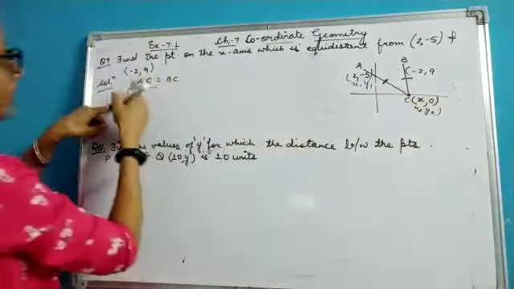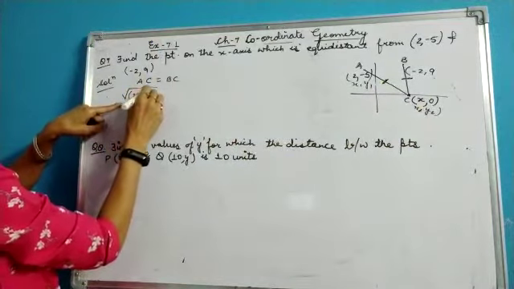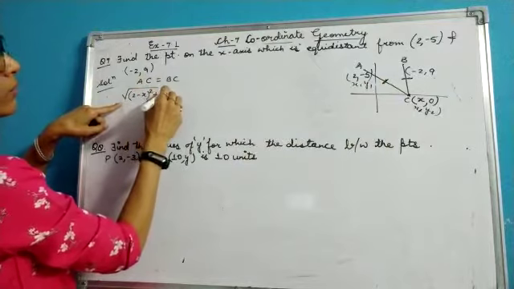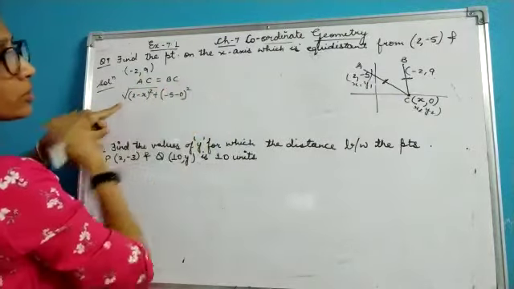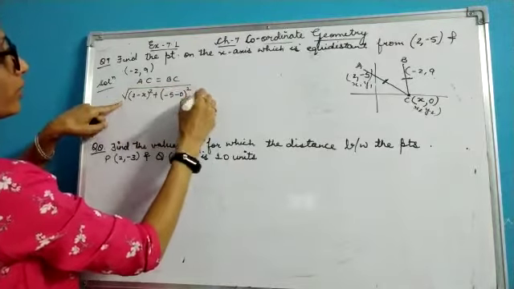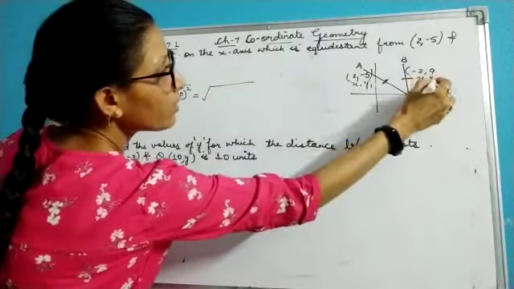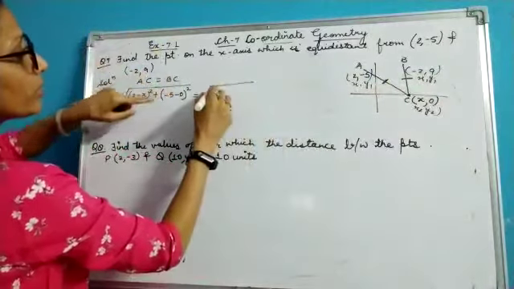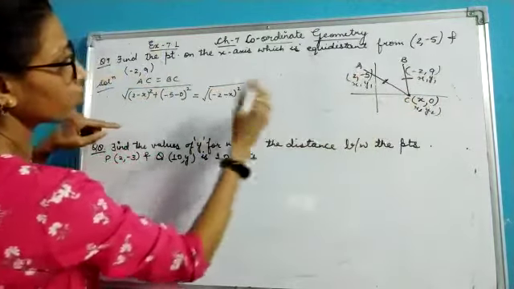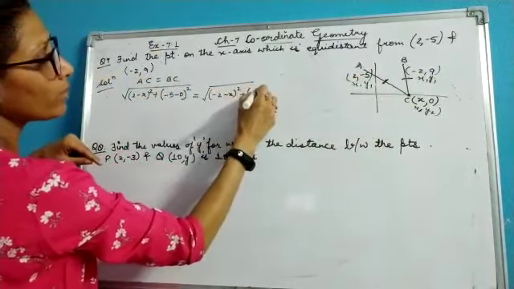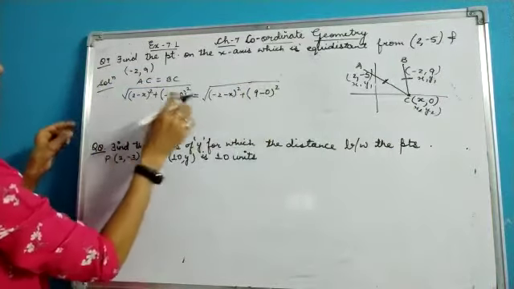In AC, x1 is 2 minus x whole square plus y1 is minus 5 minus y2 is 0 whole square. So this is the value of AC. What is your BC? Under root, let this be x1, y1. So here it will be minus 2 minus x whole square, x1 minus x2 whole square plus y1 minus y2 whole square. Now you solve it.